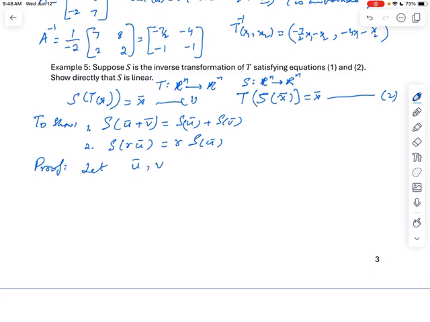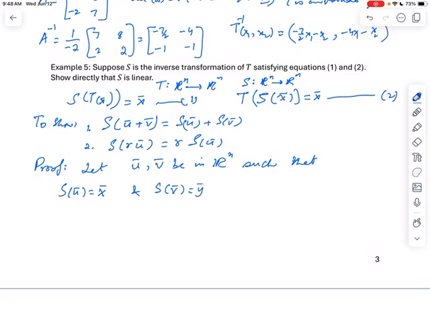Okay, for the proof, we start with: let u, v be in R^n such that S of u equals x, some x in R^n, and S of v equals y.